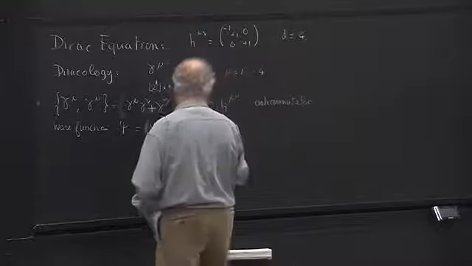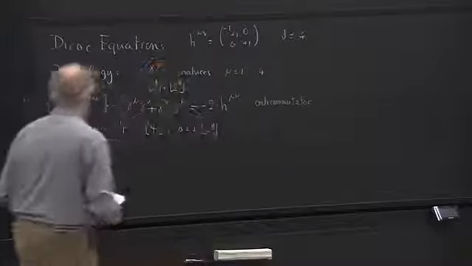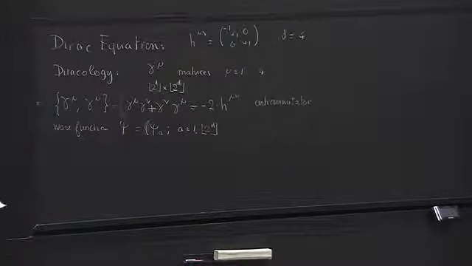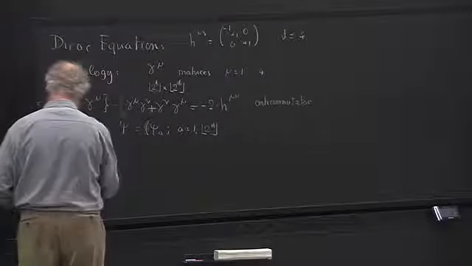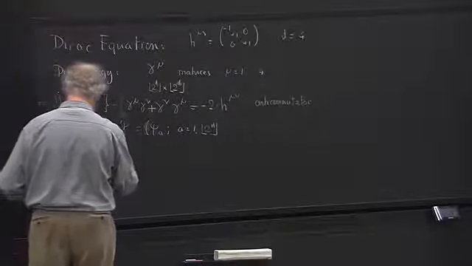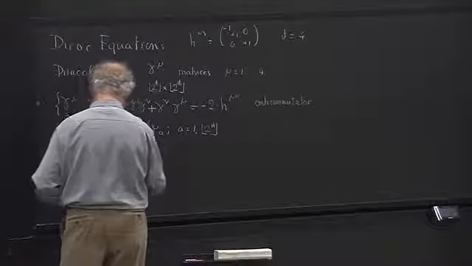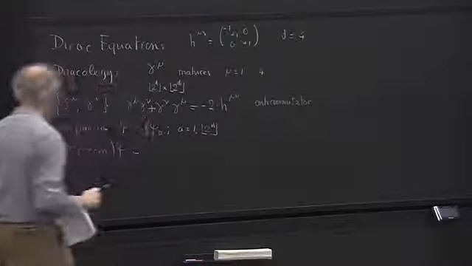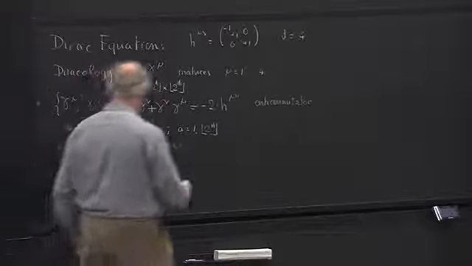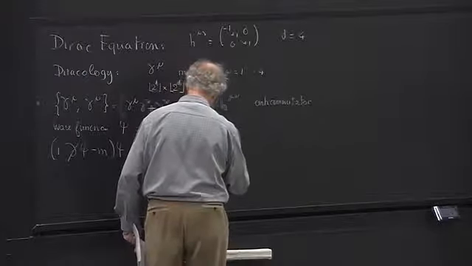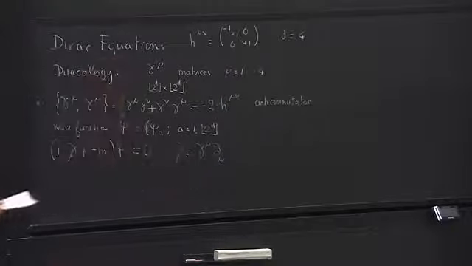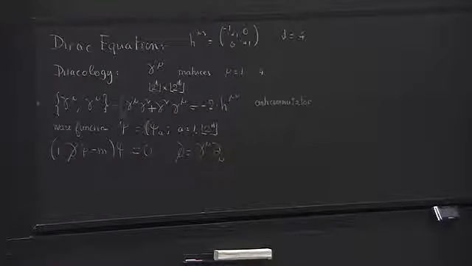Okay, and the Dirac equation is, in covariant notation, i d slash psi minus m psi equals 0, with of course d slash equal gamma mu d mu. Okay, so this is the Dirac equation.